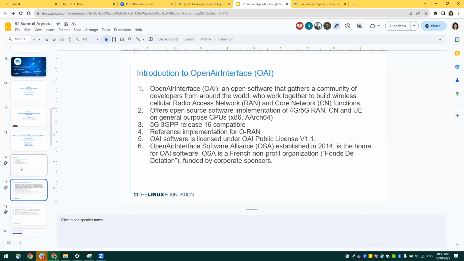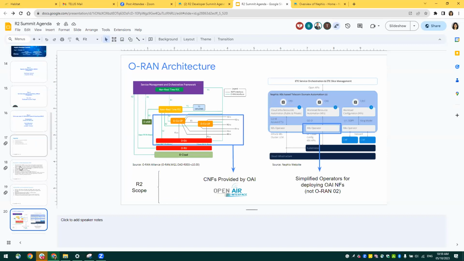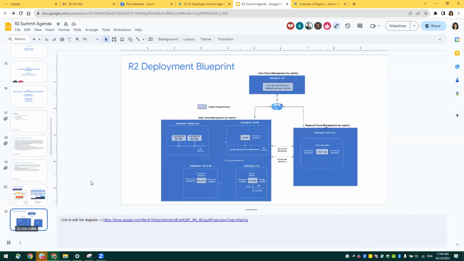If you go to slide 20, this is how we took the ORAN architecture and the Nephio architecture and what we actually implemented in release 2. We look at OCUCP, OCUUP, and the ODU provided by OAI, and created the operators for Nephio to support these NFs. And if you go down, there are more details about the deployment blueprint of OAI for RAN with OAI on Nephio.